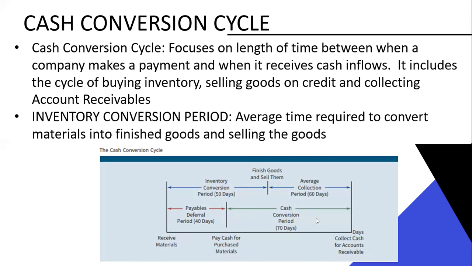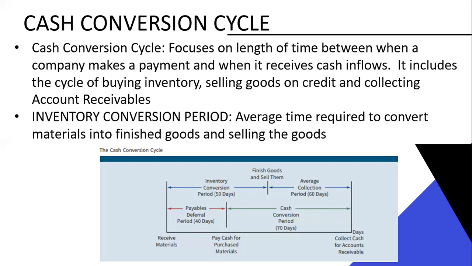The entire period from the time they receive their inventory and borrow money to buy it, all the way to the point they get money from the customer, is called the cash conversion cycle.